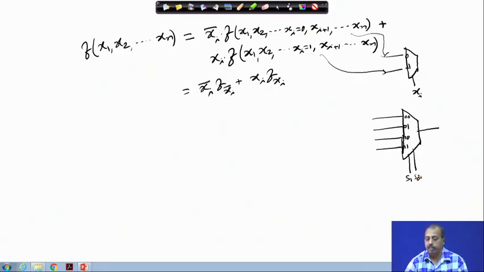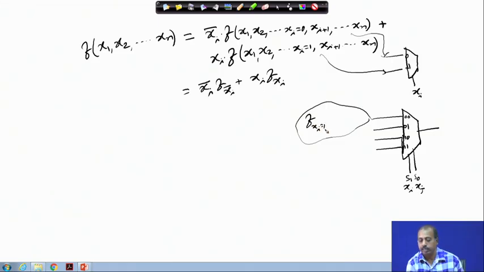So, if I apply variable xi to S1 and xj to S0, then at this part I will look for the function obtained by putting xi equal to 0 and xj equal to 0.